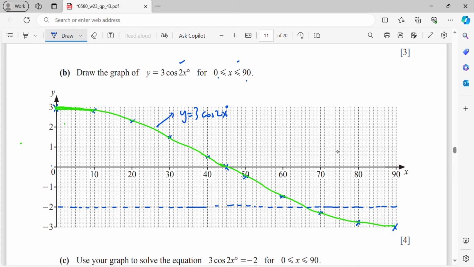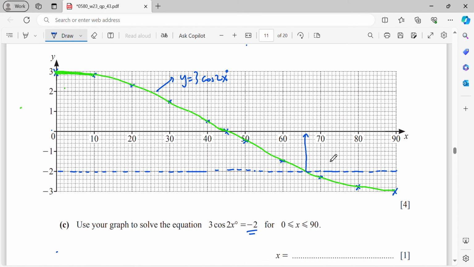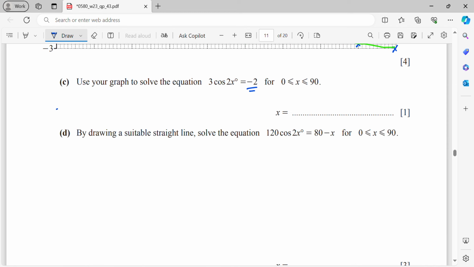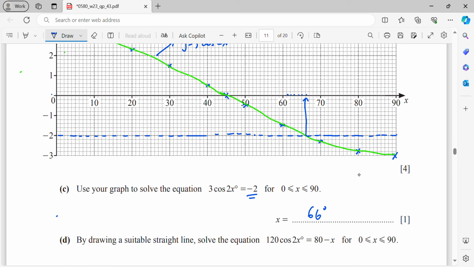Then your answer should be over here. So based on your graph, you will get 60, 61, 62, 63, 64, 65, 66. Based on my sketching, I get 66. So here will be 66 degrees. So x is 66.